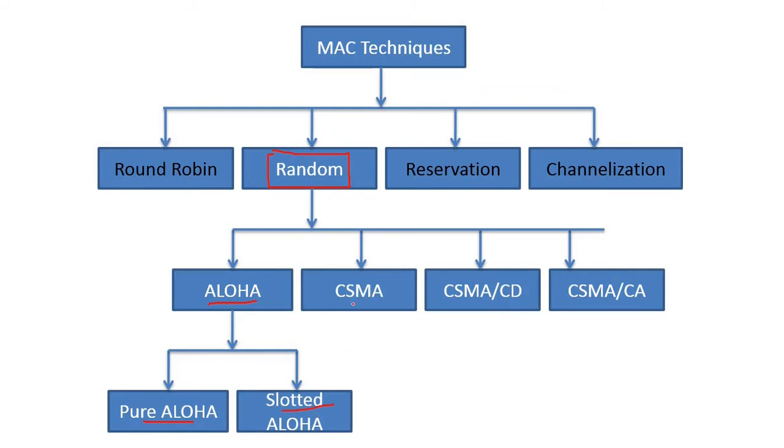In CSMA there are three techniques: CSMA, CSMA/CD, and CSMA/CA. CSMA stands for carrier sense multiple access, CSMA/CD stands for carrier sense multiple access with collision detection, and CSMA/CA stands for carrier sense multiple access with collision avoidance.